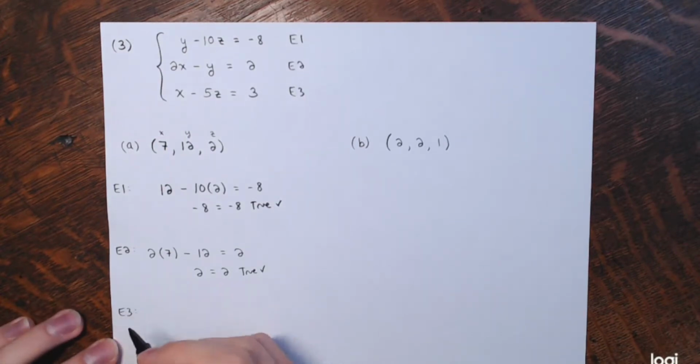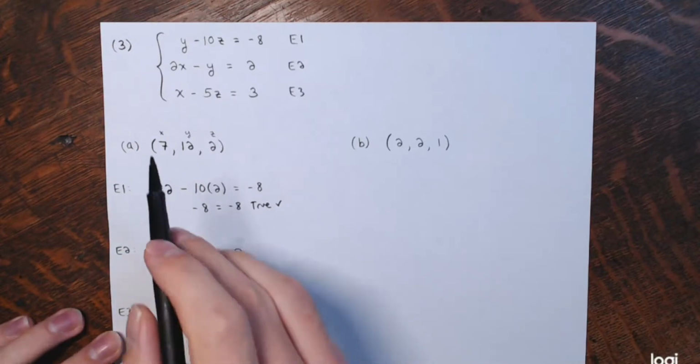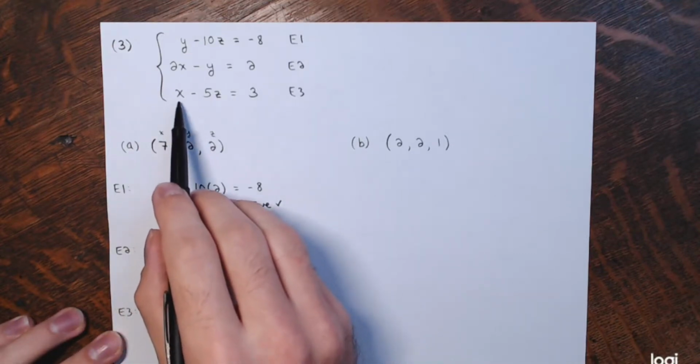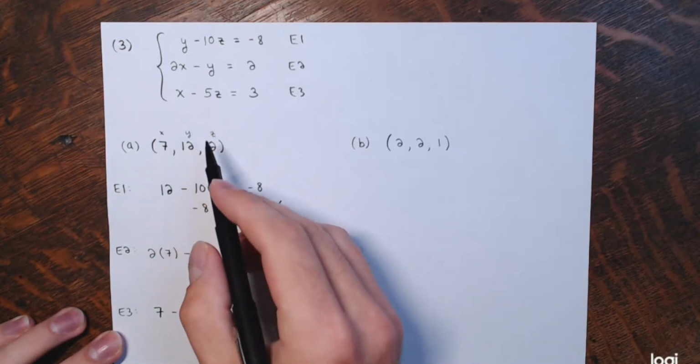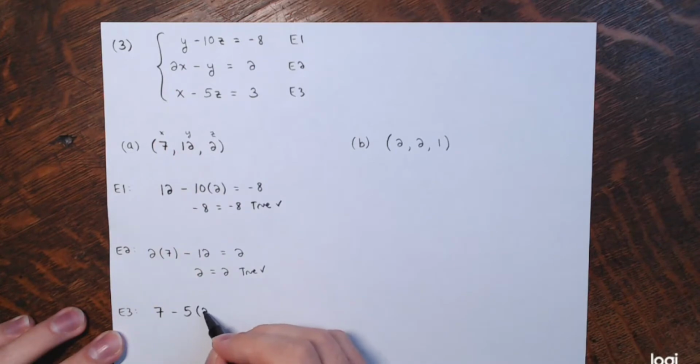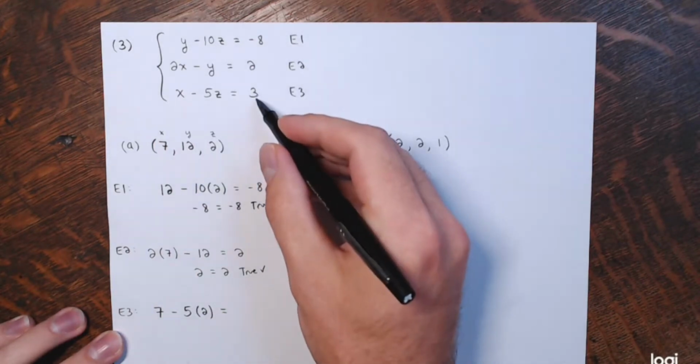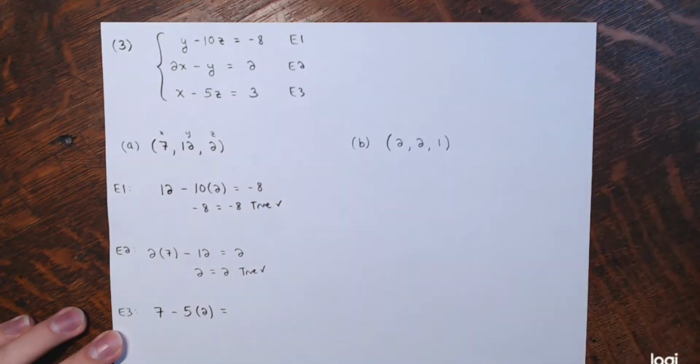All right, so check equation 3. Take the x coordinate, which is just 7, minus 5 times the z coordinate, right? So minus 5 times 2. And is this equal to positive 3? Well, left side, got 7 minus 10. Well, 7 minus 10 is negative 3.